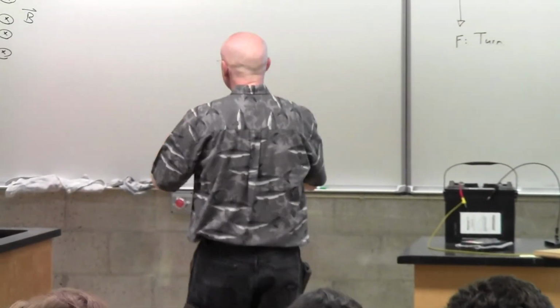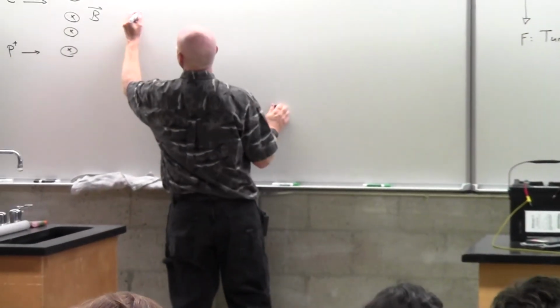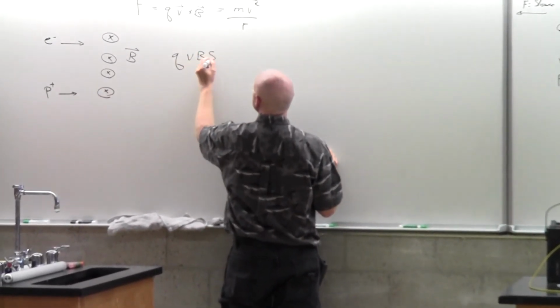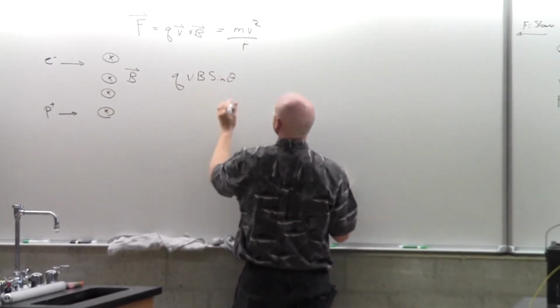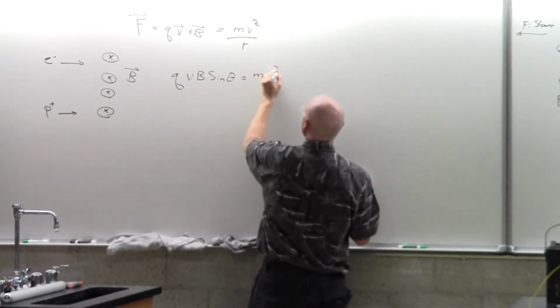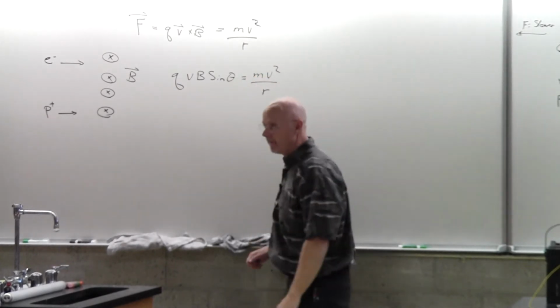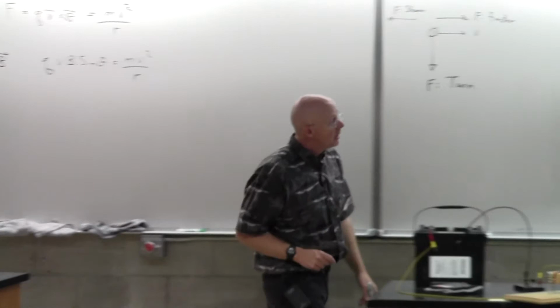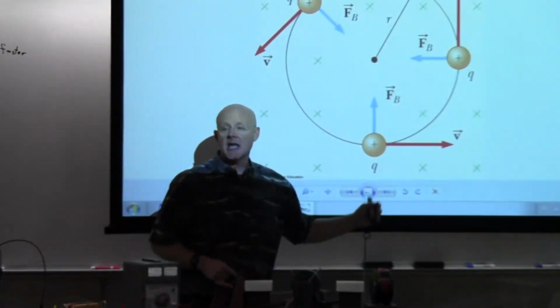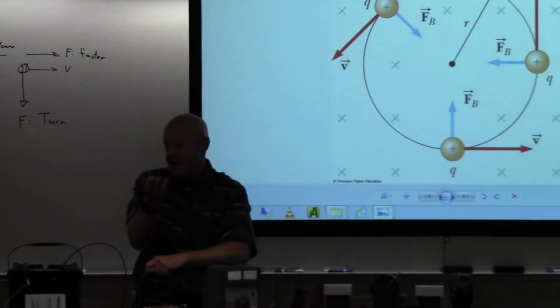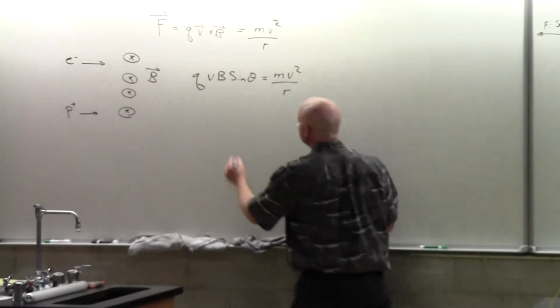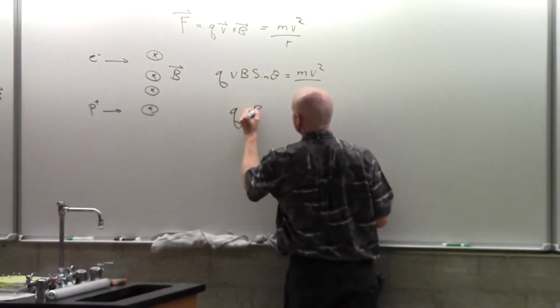And so if I set those two equal to each other, I would have qvB sine of the angle between v and B equals mv squared over r. Now in this case, we have set it up, so what is the angle between v and B? 90 degrees. So this is a special case, and it makes sense, it's our easy case.